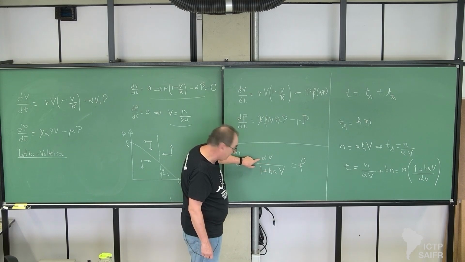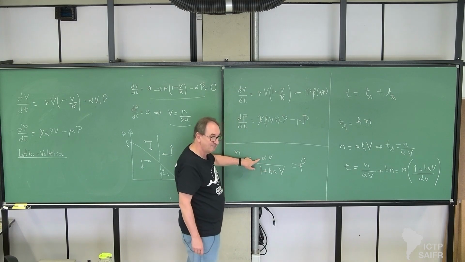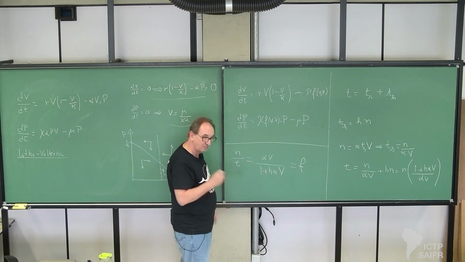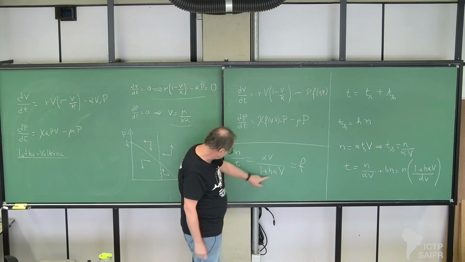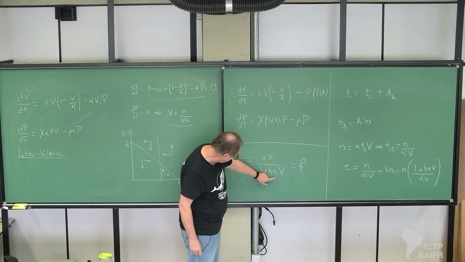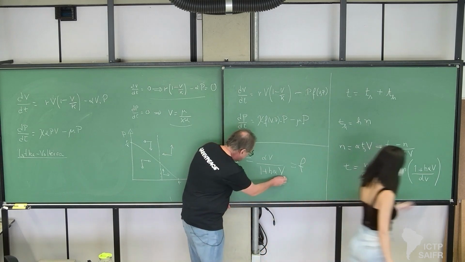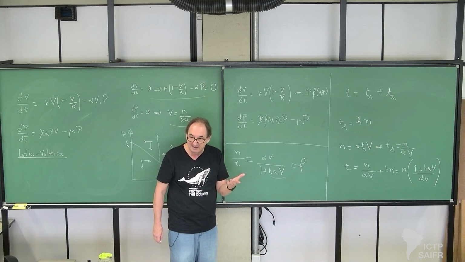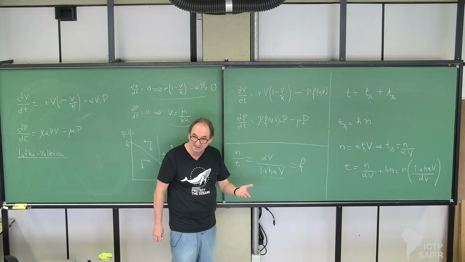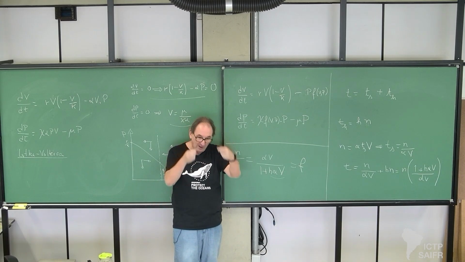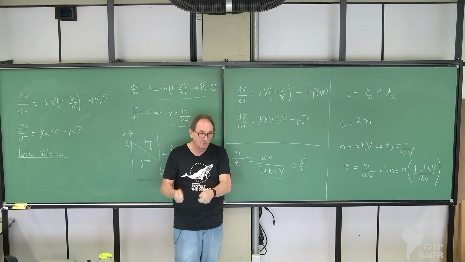Therefore, alpha must be 1 over time times population. If this is 1 over time, then you see it's 1 plus something. All of this has to be without any dimension because the 1 doesn't have a dimension. So alpha has dimensions of 1 over time over populations.